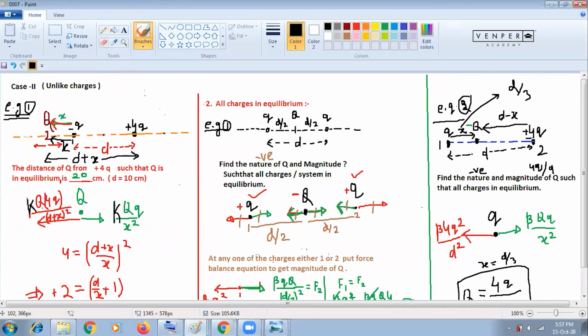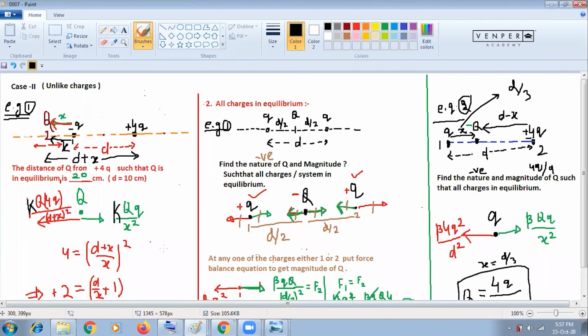K and Q get cancelled, so you have 4 by (d plus x) whole square. Take the right side, then you'll get the answer x. After getting the x value, you can tell the distance between 4q and the capital Q, and between minus small q and capital Q.